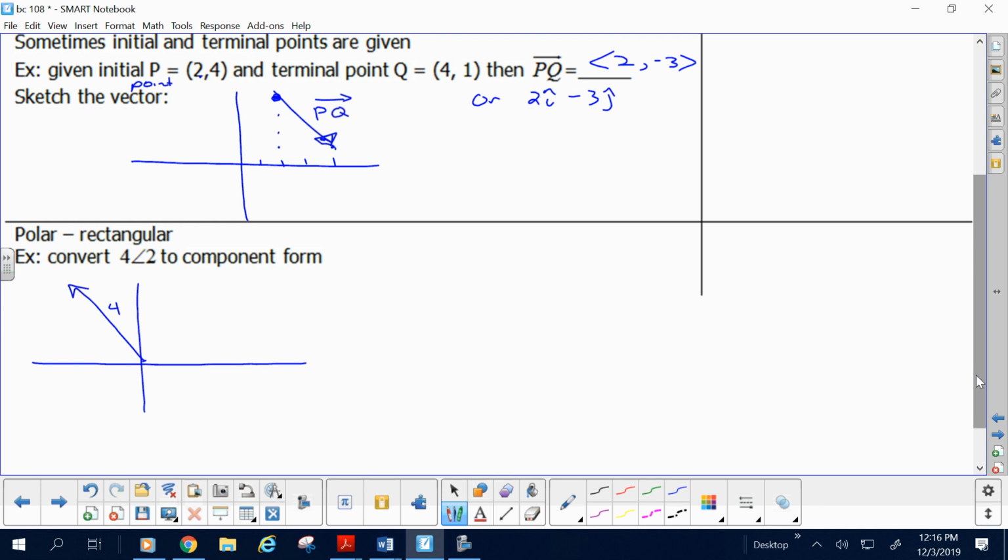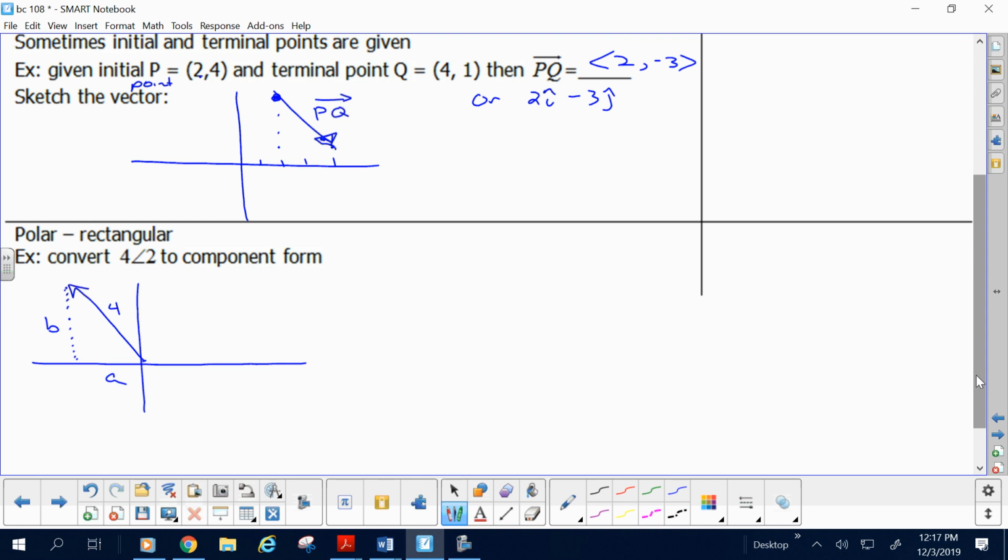Now, I need the horizontal component. Let's call this, I guess I'll call it A and B. You'll often see those called V sub X and V sub Y, but let's call it A and B. Okay, how did you find A? The sine of 2 times 4.